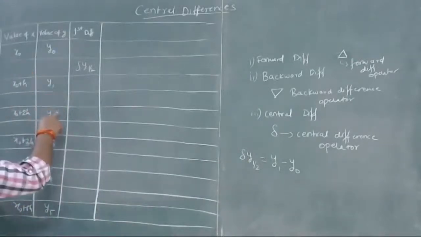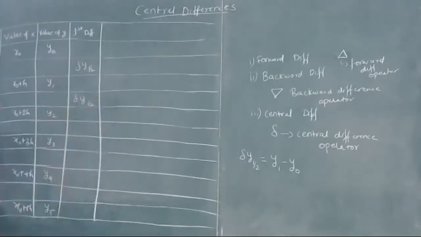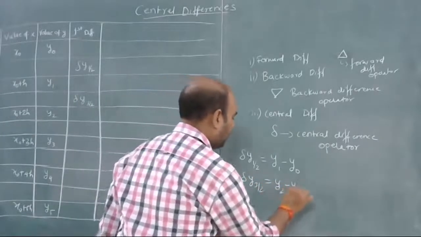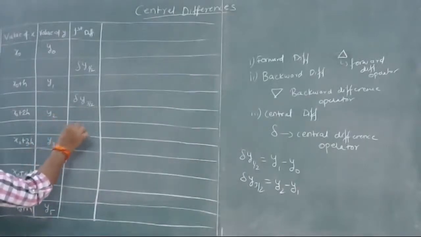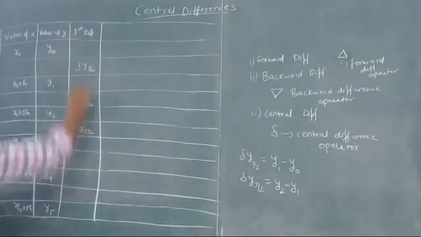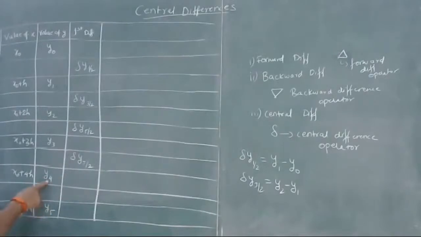Again, y2 minus y1 gives del y3 by 2, y3 minus y2 gives del y5 by 2, y4 minus y3 gives del y7 by 2, and y5 minus y4 gives del y9 by 2.